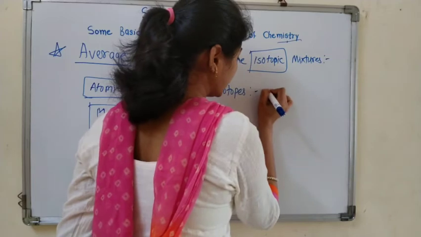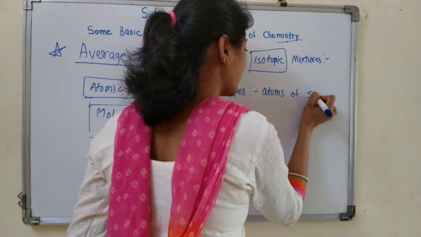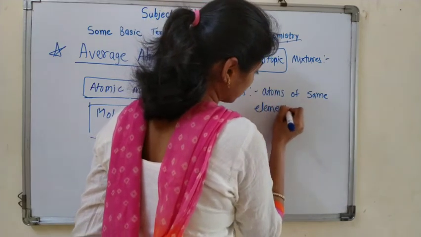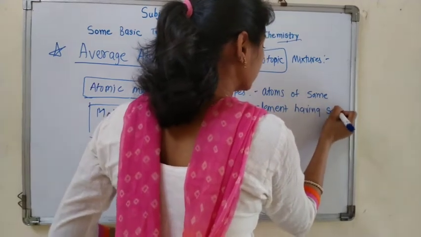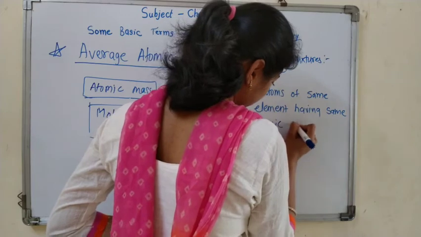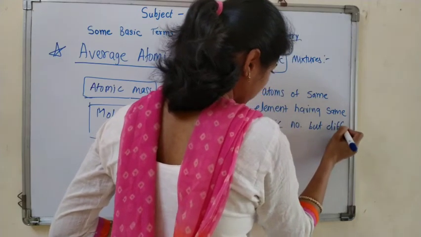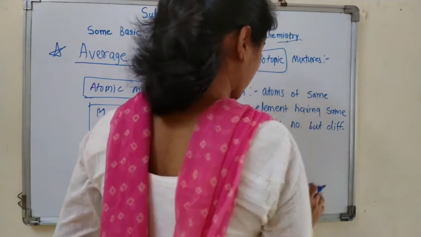Isotopes are the atoms of the same element having the same atomic number but different mass number. Okay?